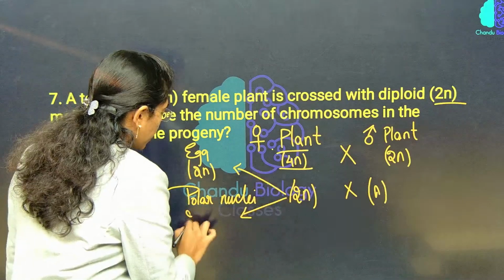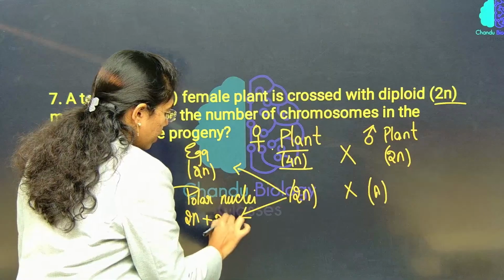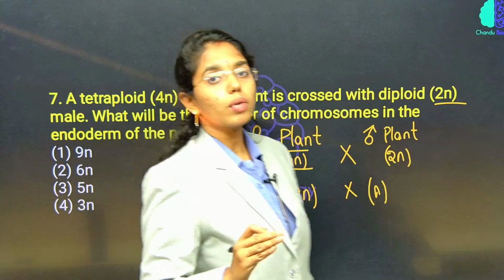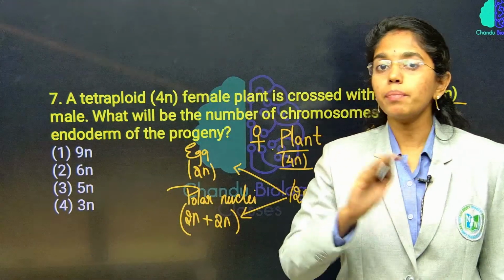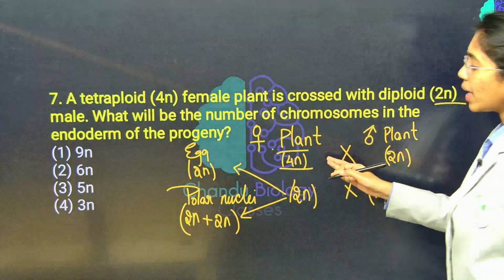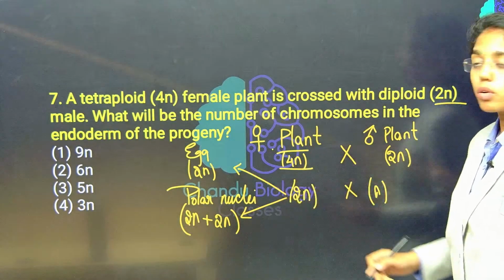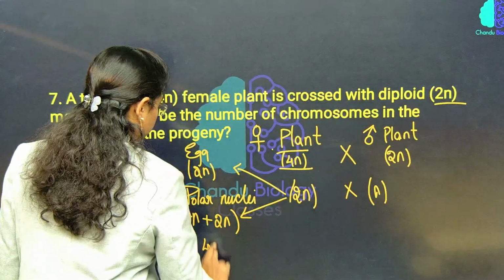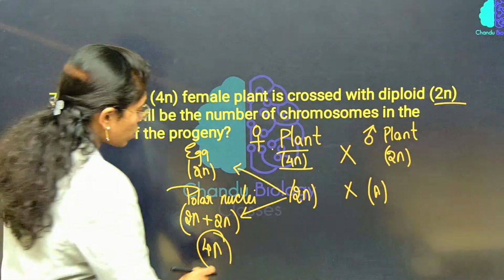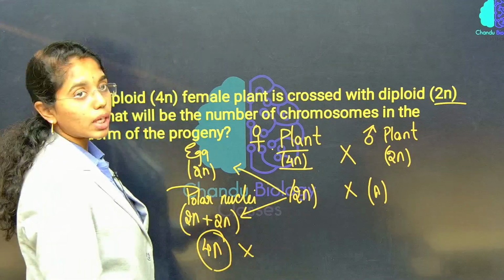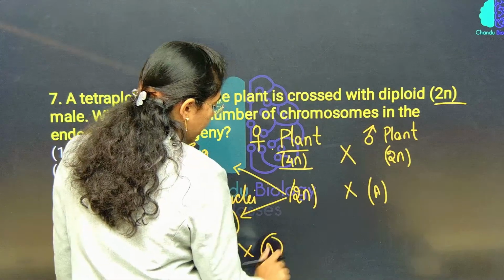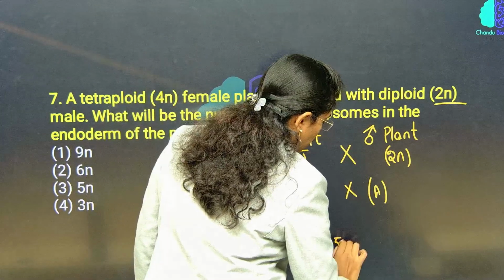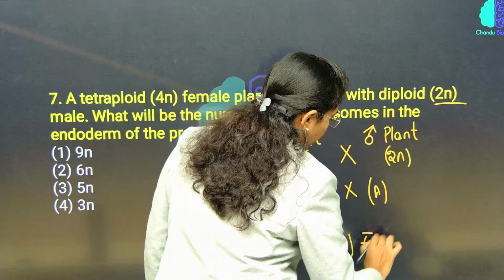Okay, 2n plus 2n. Okay, normally from a diploid plant, the polar nuclei ploidy will be n plus n. Here the ploidy of the parent is tetraploid, so the polar nuclei ploidy will be diploid plus diploid, that is tetraploid, 4n. Okay, when polar nuclei is crossed with haploid male gamete, you will get pentaploid endosperm, that is 5n endosperm.